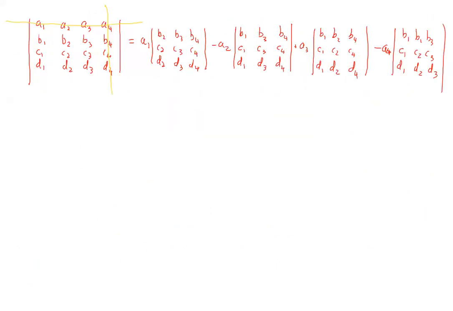In other words, the process by which a determinant is computed is inductive, meaning you express the 4x4 determinant in terms of 4 3x3 determinants, and then each of those 3x3 determinants is going to be computed in terms of 3 2x2 determinants. Yeah, I understand that.